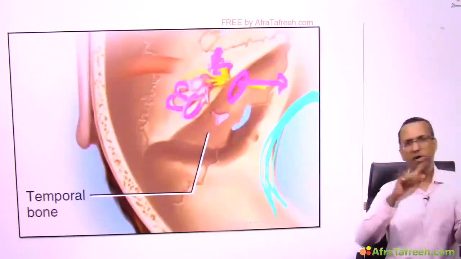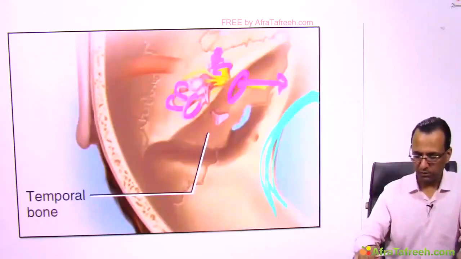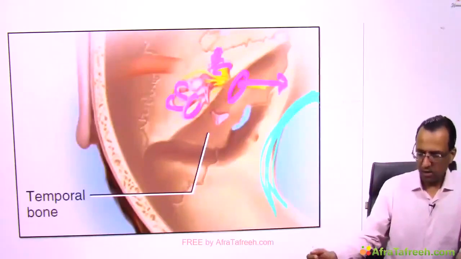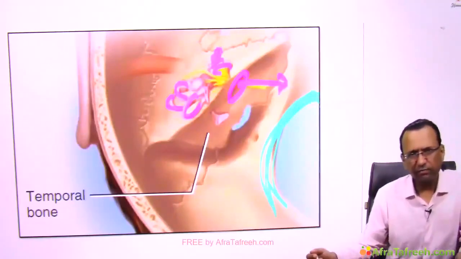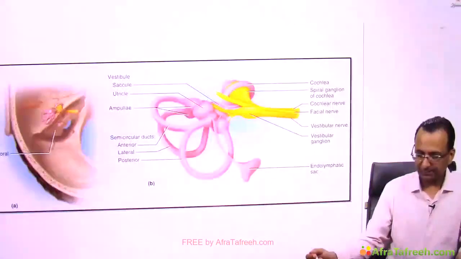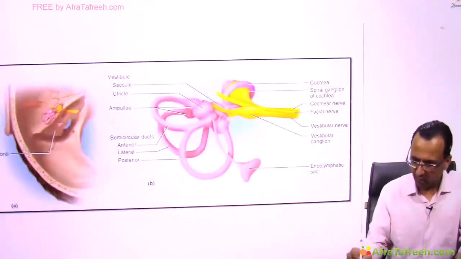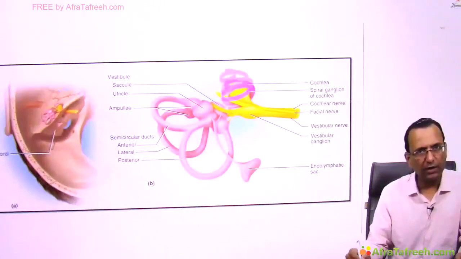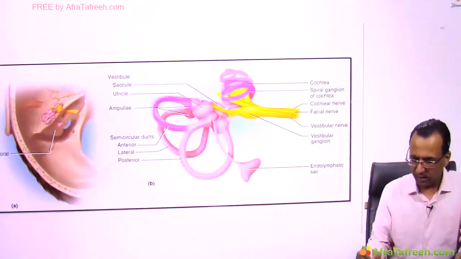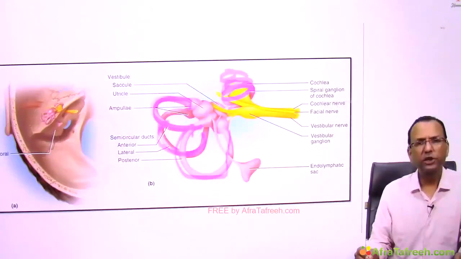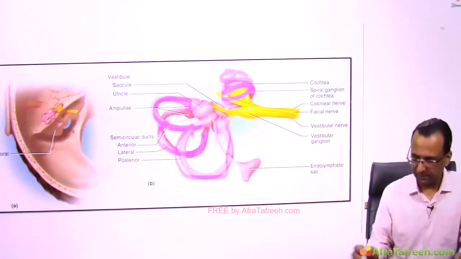What about the angular? Angular, you told this semicircular canals. Okay, they are inside the petrous temporal bone, isn't it? Yes. Fine. You are telling that this is the cochlea, which is for hearing, cochlear nerve, right? And this is the semicircular canal, which is for angular balance, yes.